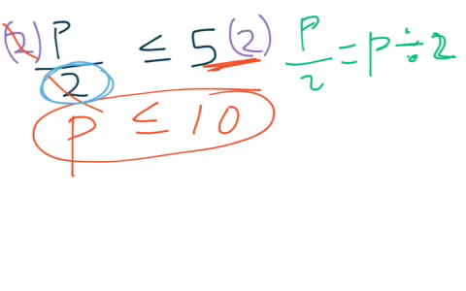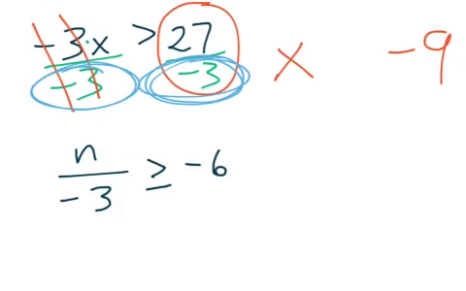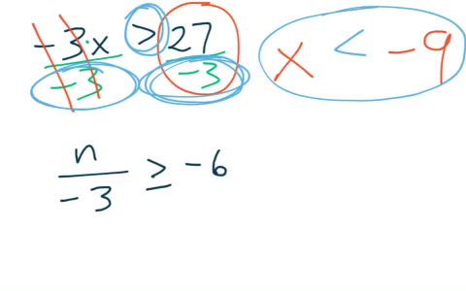We had to divide 2 here, so we times by a positive 2. Well, whenever you're dealing with dividing or multiplying by negative, this greater than has to switch. So greater than becomes less than. And that's the key part of the lesson. We did a switch right here.